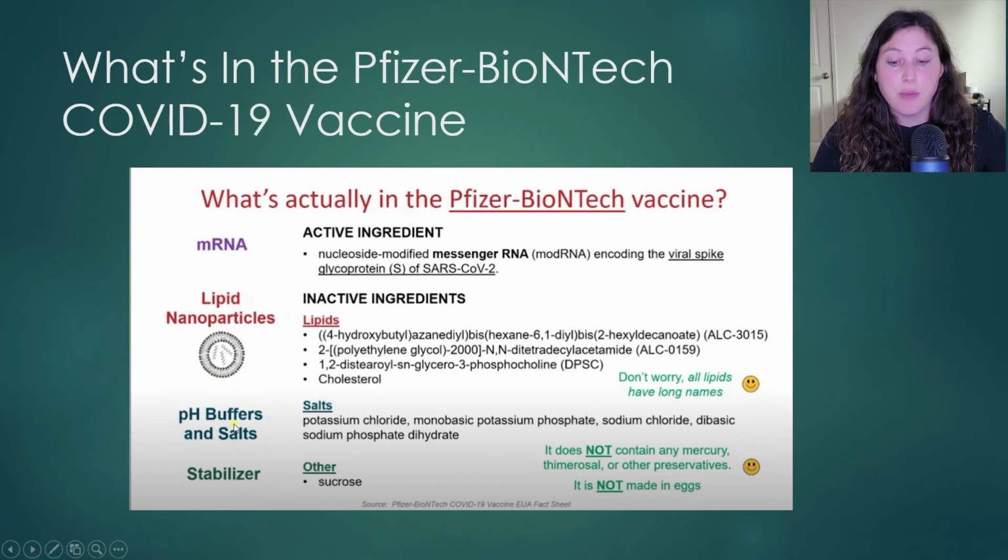And so we put these buffers in there that will prevent the solution from becoming more acidic or more basic than we want it to be. Next, there are salts, which also aid in making the vaccine more comfortable to administer. Last, we've got a stabilizer, which is sucrose, and this is used for when the vaccine is repeatedly frozen and thawed. The sucrose helps to stabilize it during that transition.